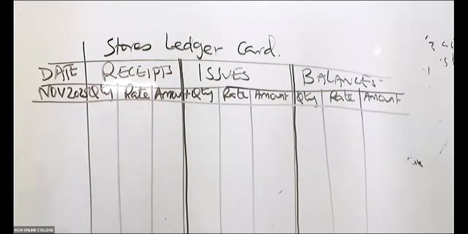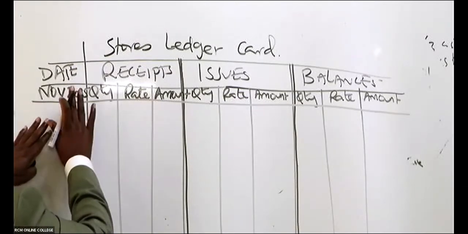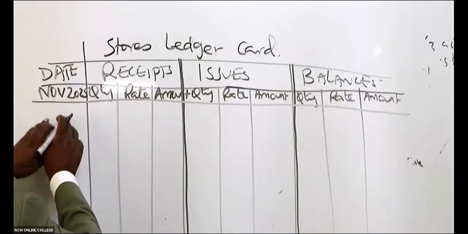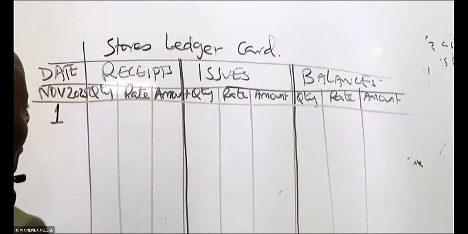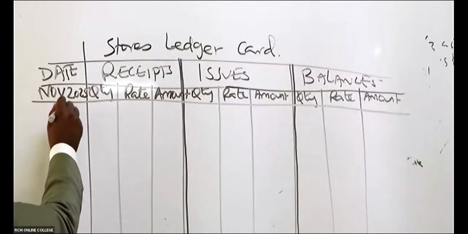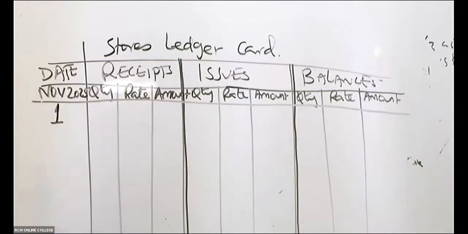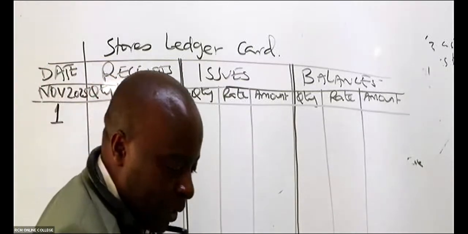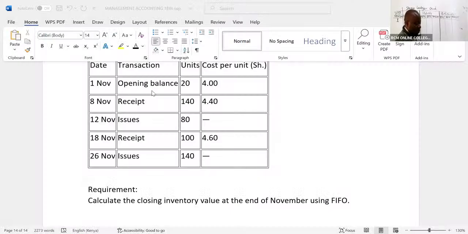Done. Now, we start with balance brought down. It can't be a stores ledger if you're starting from date 8. No, it will be date 1. And you don't write 1 stroke, it's just 1, because the month and year are already taken care of. On 1st November, the opening balance was 20 at 4.